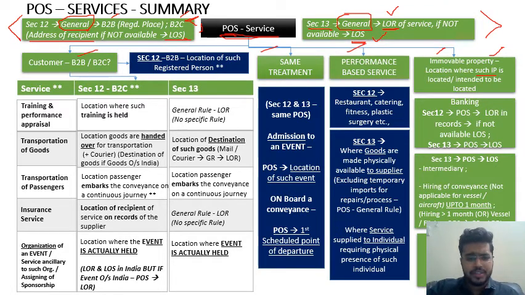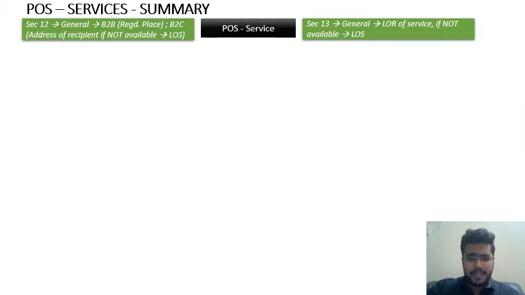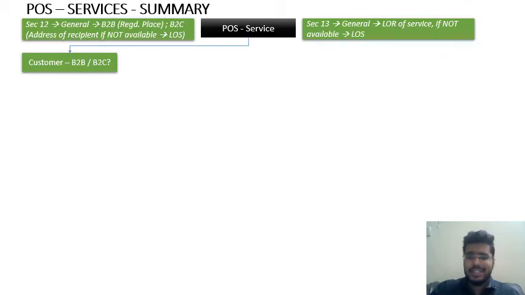So first thing, guys, we'll start going to the specific rules now. Like you saw the general rule, now we'll start looking into the specifics, guys, right? Similar to what you did in the general rule for section 12, you saw whether the customer was B2B or B2C.